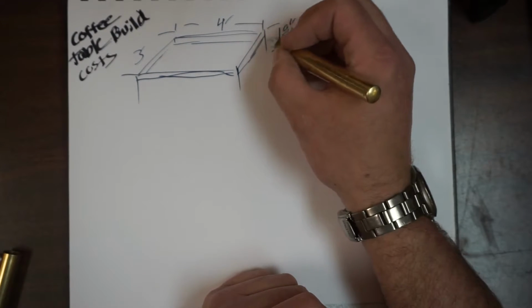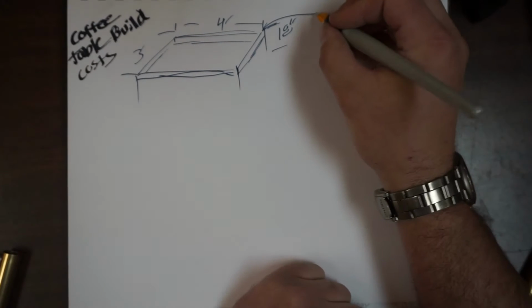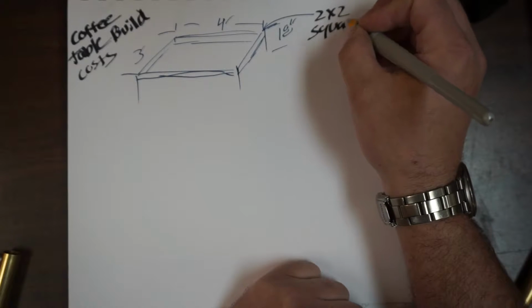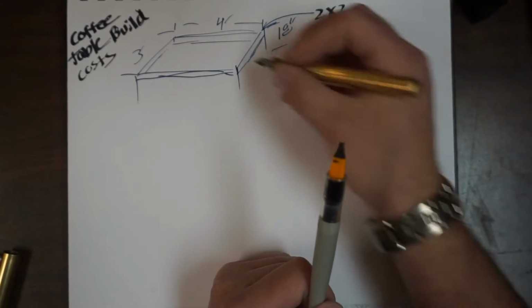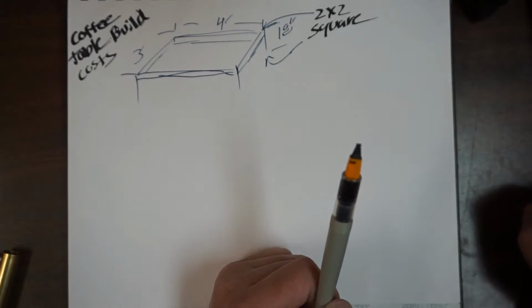Alright, so we know that this is going to be 2 by 2 square. We know that the legs are going to be 2 by 2 square.